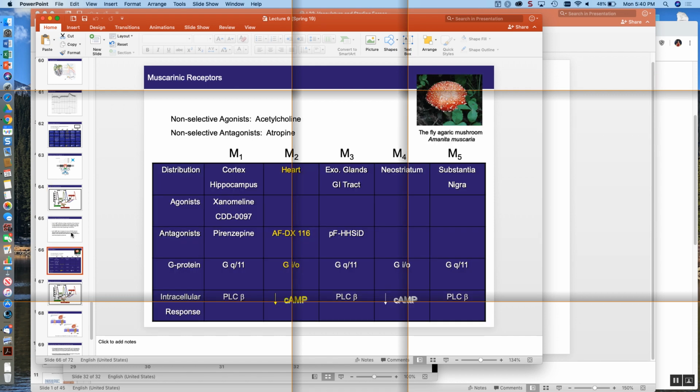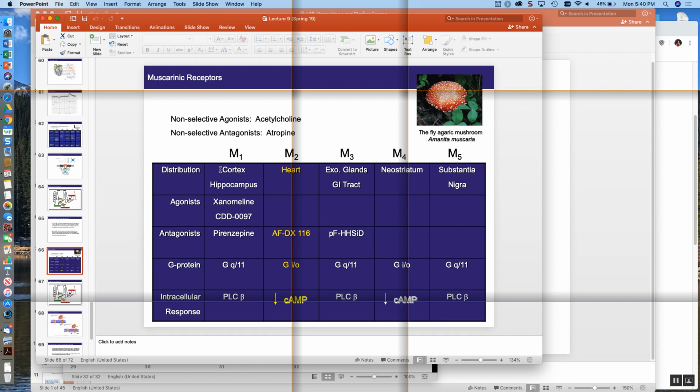So with parasympathetic nervous system stimulation, it makes sense that it basically activates Gi, right? That makes sense. It's very elegant. The neurotransmitter is acetylcholine. Acetylcholine binds to the muscarinic acetylcholine receptors, M2.